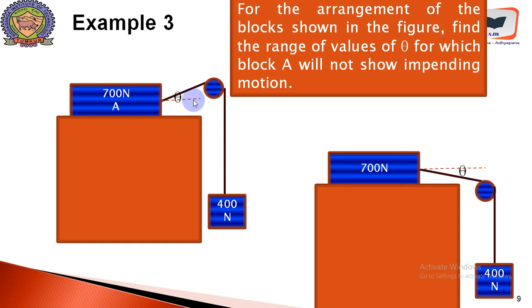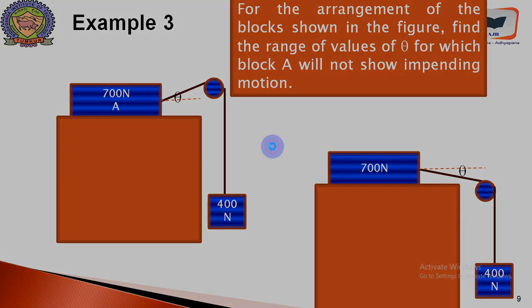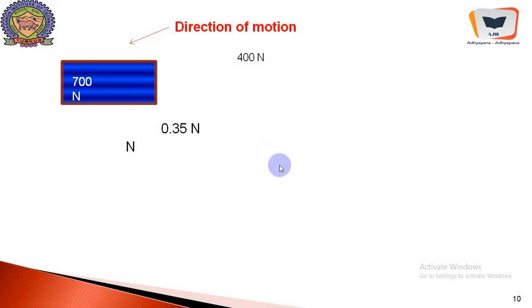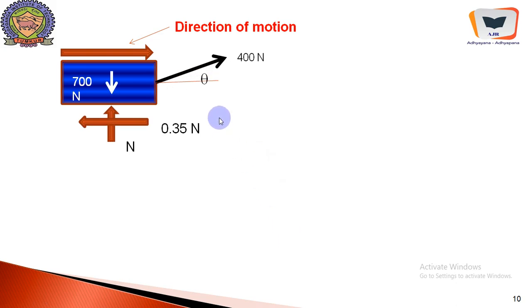Therefore we will find the value of theta in this anti-clockwise direction, and the value of theta in the clockwise direction, and we will just say that as the range. For this we have to take the first case where the wire is being tied with an angle of elevation, and this is the direction of the motion, whether it is angle of elevation or angle of depression.